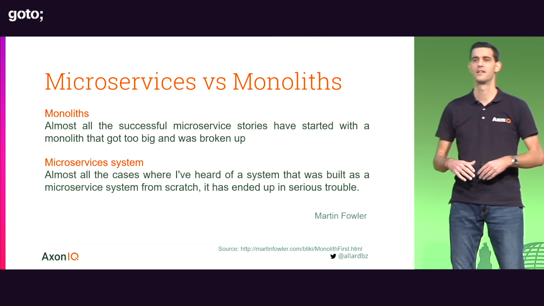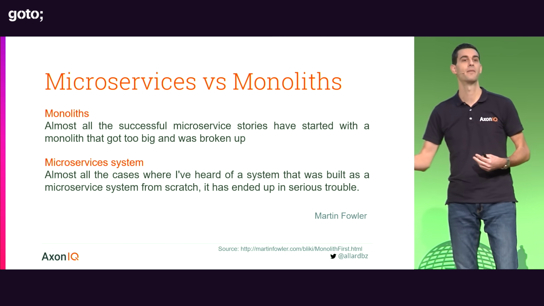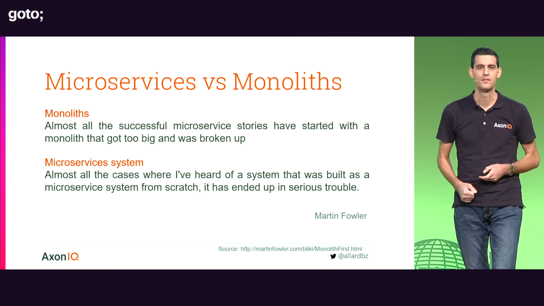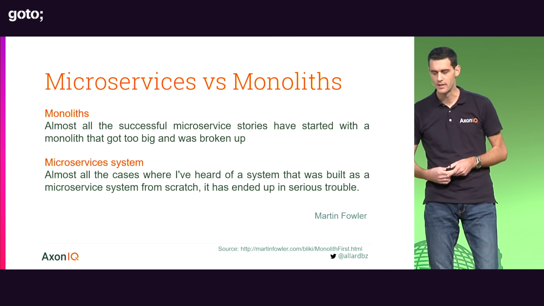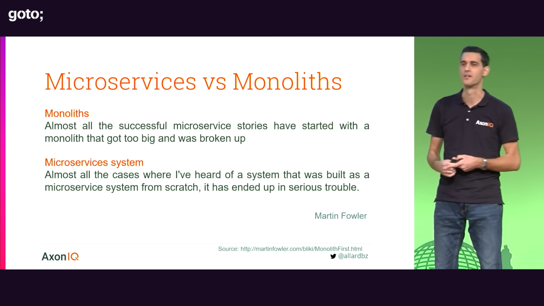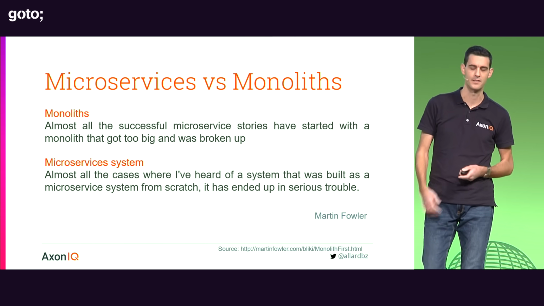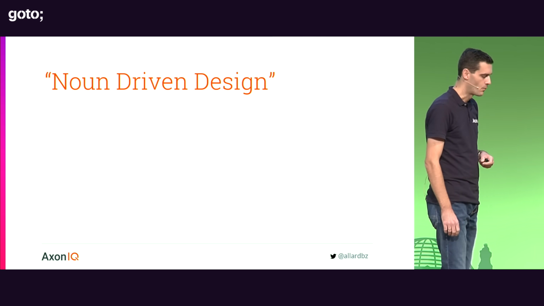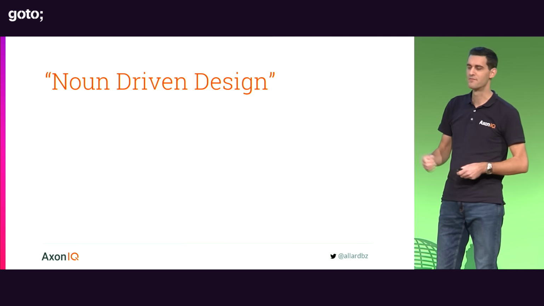In other words, they spent a lot of money and maybe never even made it to production. And that is usually not because of technology. I mean, Kubernetes is something you can learn, right? You can find people to help you. That's all right. The problem here is, whether we like it or not, the concept of noun-driven design.